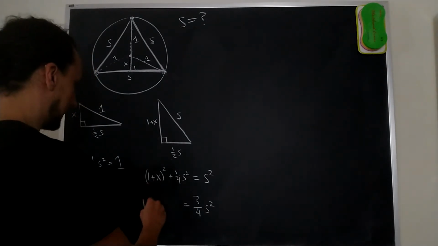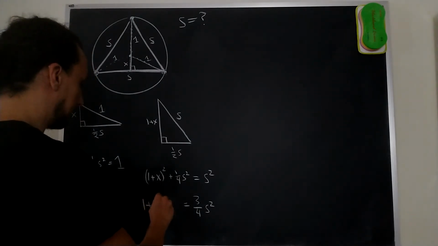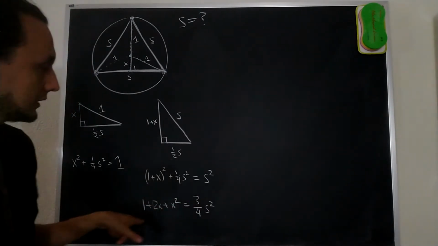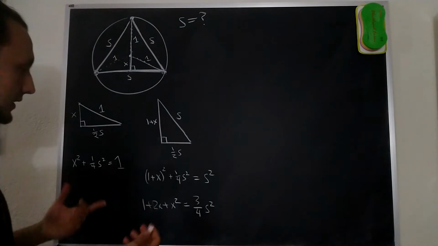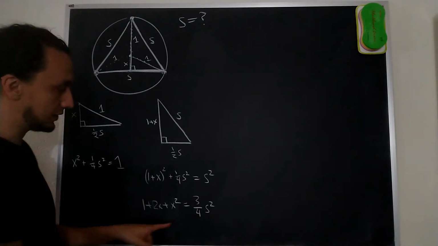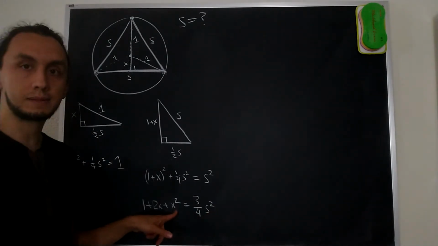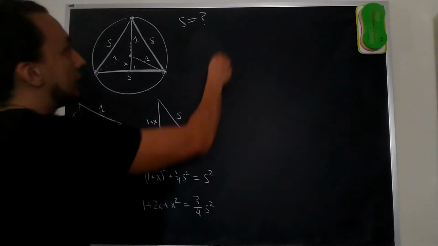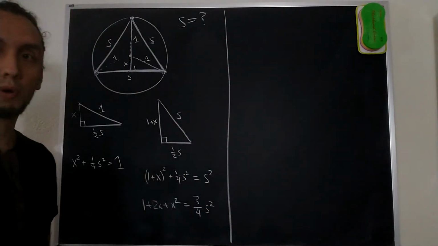And I can expand this out to get 1 plus 2x plus x squared. So that's just a little bit of algebraic simplification. But the point is, once again, I have an equation that involves both s and x. But I can combine it now with this equation to actually solve for one of the values.